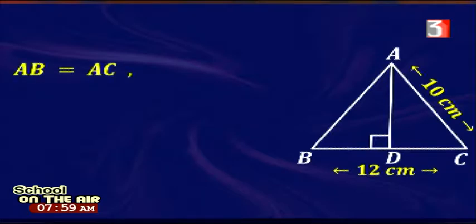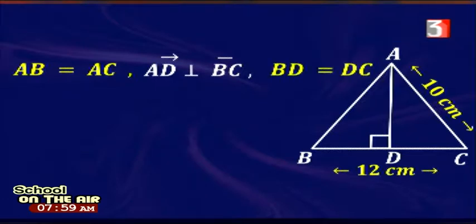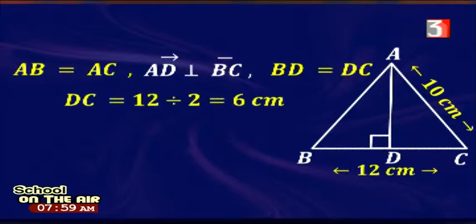As these two sides are equal, and as AD is perpendicular on BC, the corollary which we have studied before says that BD equals DC, as the perpendicular drawn from the vertex angle of an isosceles triangle bisects its base. So DC equals 12 divided by 2, so equals 6 centimeters.